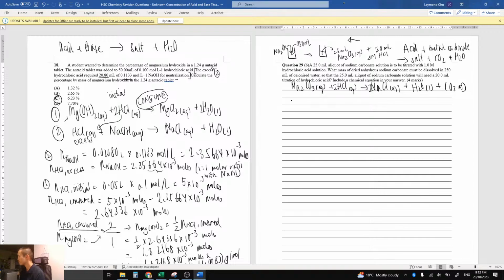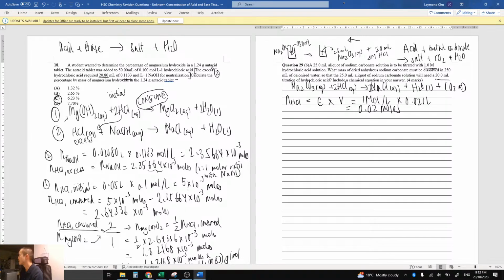Let's move on. From this question we can find, first of all, the moles of HCl that we use for titration. So moles of HCl is equal to C times V. That's on the data sheet. C is 1 molar, or 1 mole per liter, times 20 mL, which is 0.02 liters. That's just 0.02 moles.